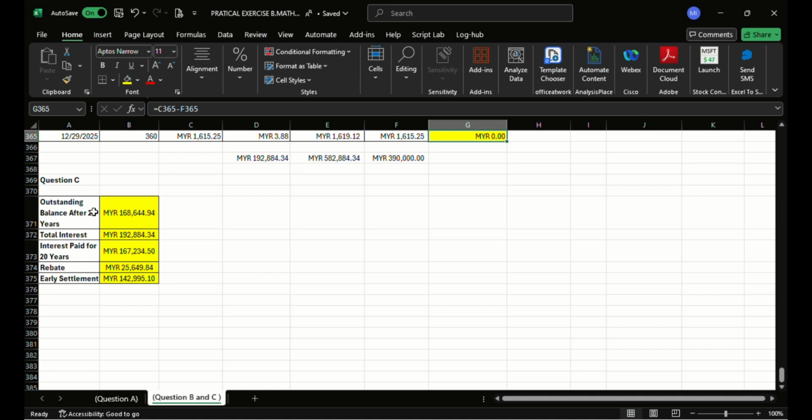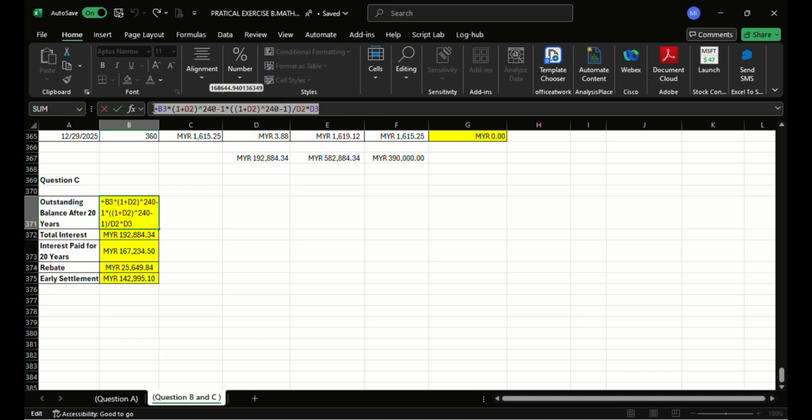First you need to find the outstanding balance after 20 years. To get it, use this formula that I highlighted, put in the exact numbers you need, and just hit enter, then boom.